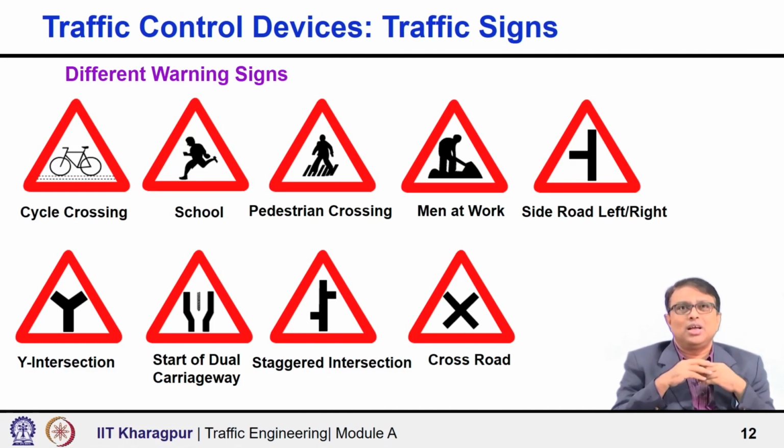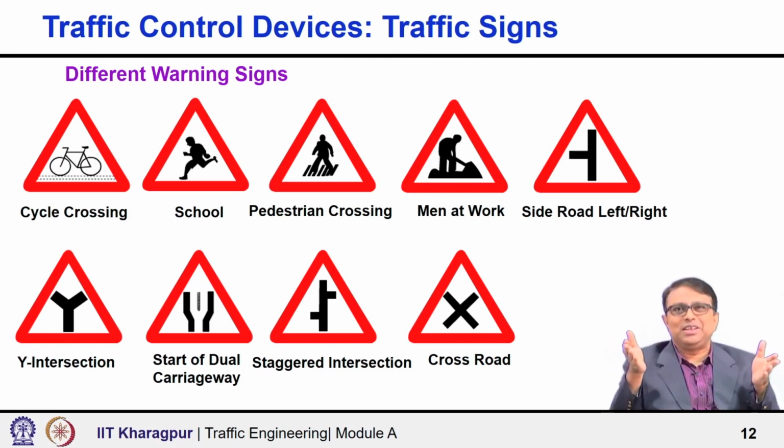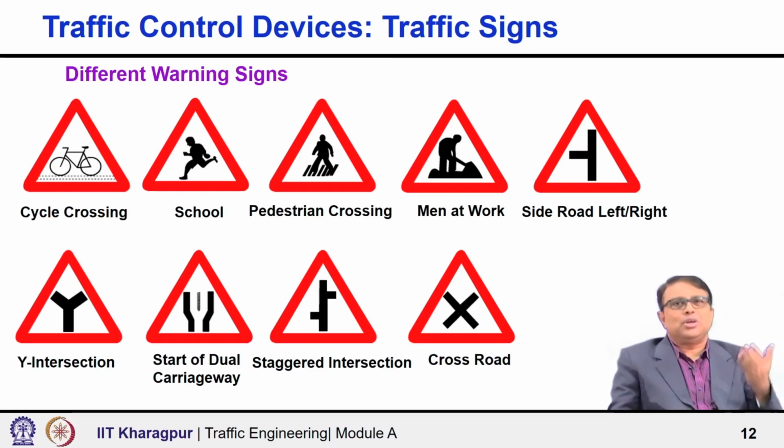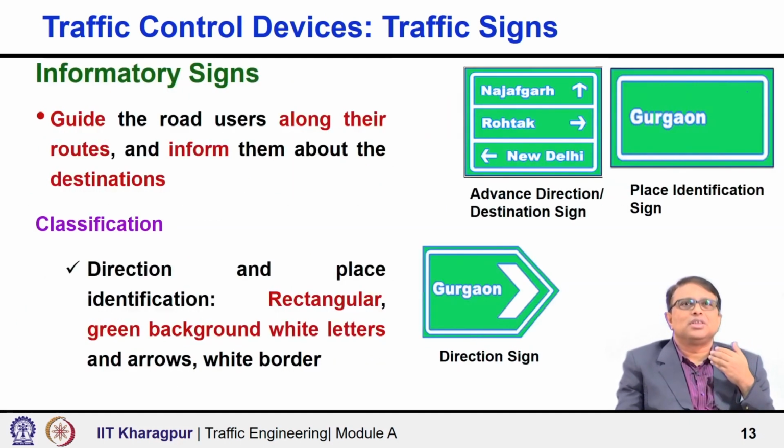Then men at work, Y intersection, and start of dual carriageway. Maybe you were travelling so far on an undivided road and from a certain point onwards the carriageway becomes a divided road, so the driver should know that the configuration of the cross section is going to change. As I said, I have shown some here, but there are many other kinds of warning signs.